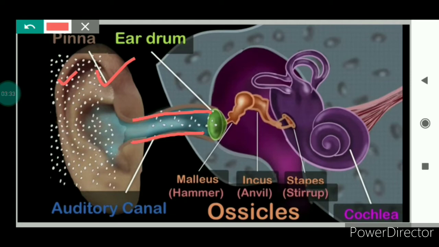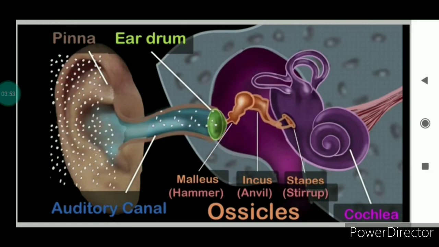At the end of the ear canal, you can see there is a thin elastic and circular membrane called the eardrum. It is stretched tightly.